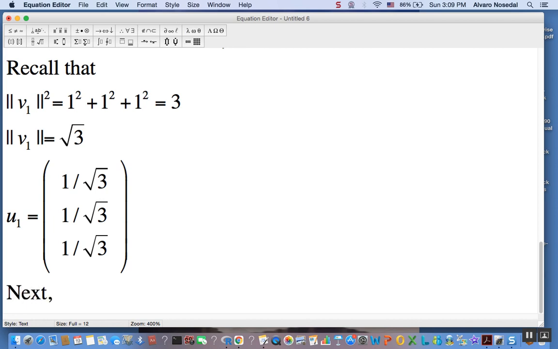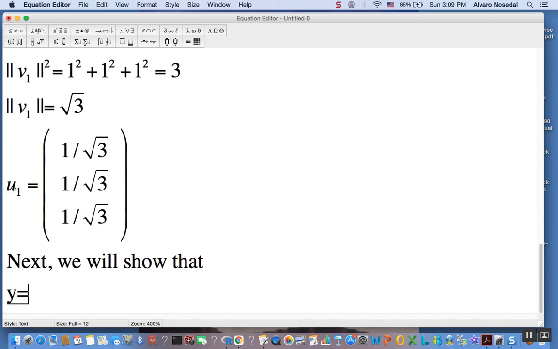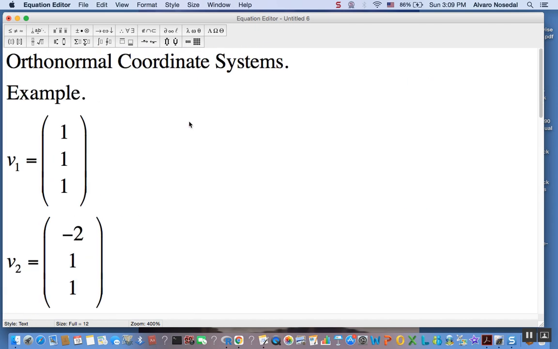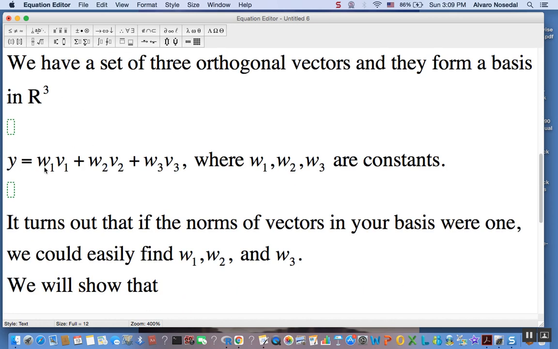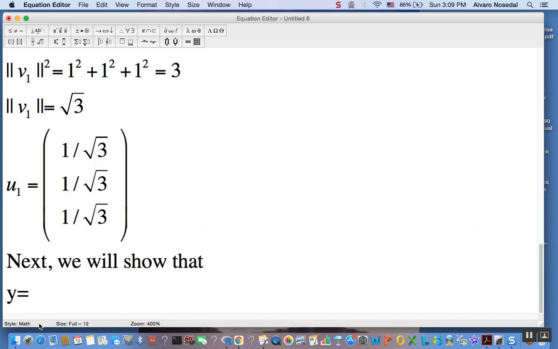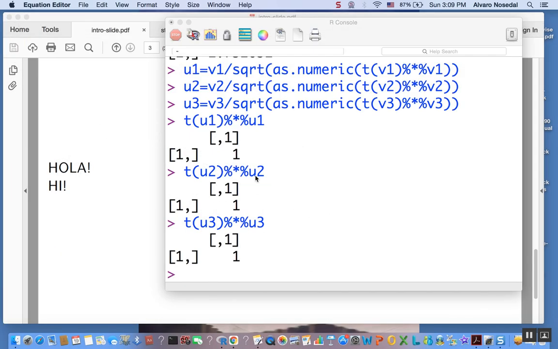We will show that y can be expressed as w1 times u1, w2 times u2, and w3 times u3. So let's go to our lecture notes.